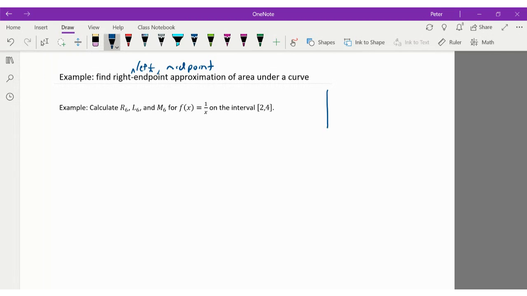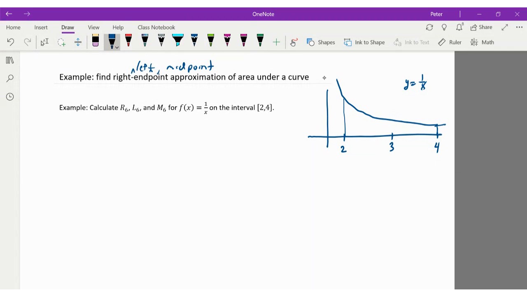So here's the drawing. This is the function y equals 1 over x. And I'm not going to draw it to scale, but let's put that in as 2. And that's 4. So what we want to do is find that area. And we need to divide it into 6 subintervals.